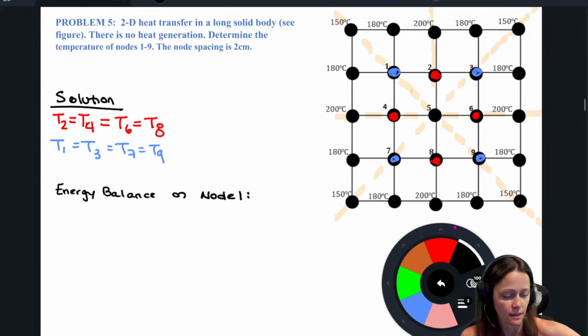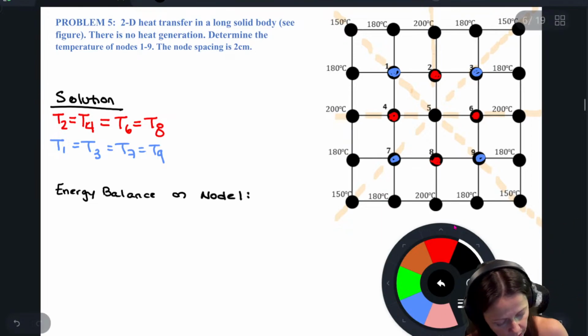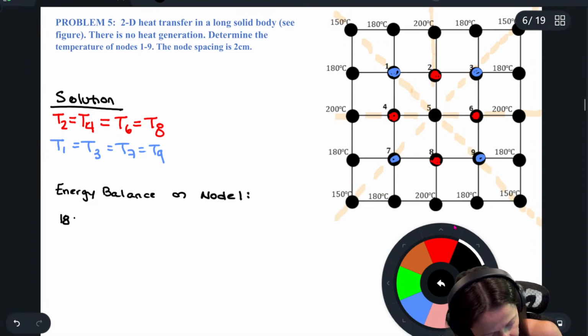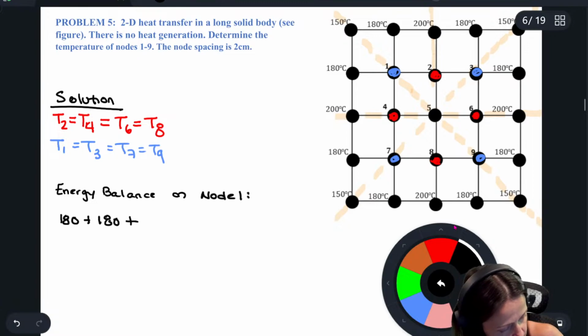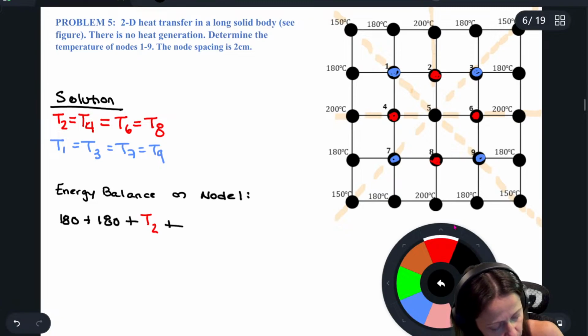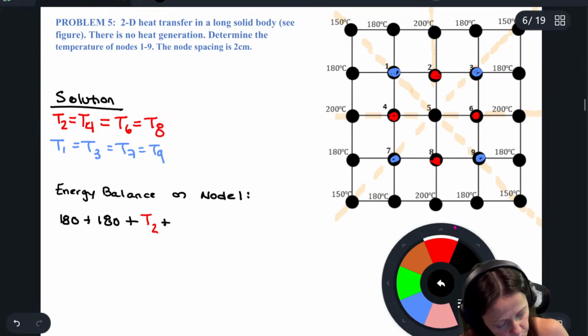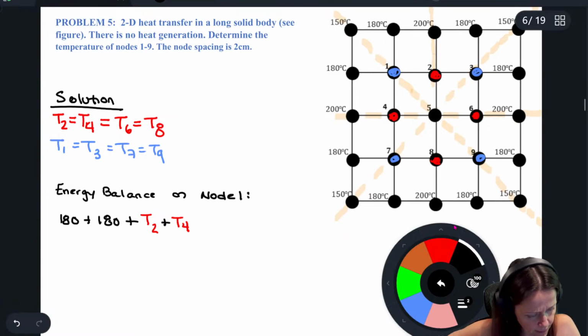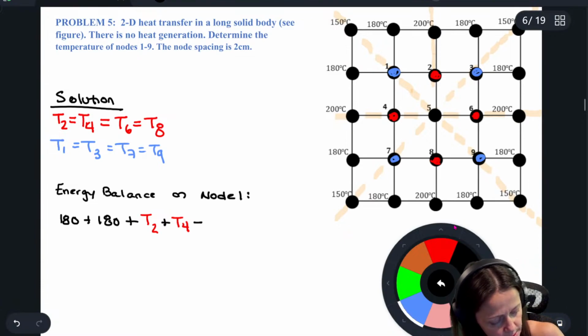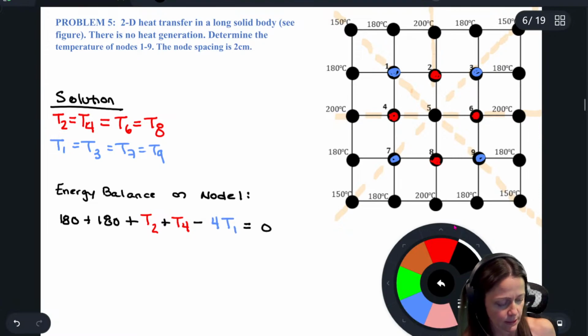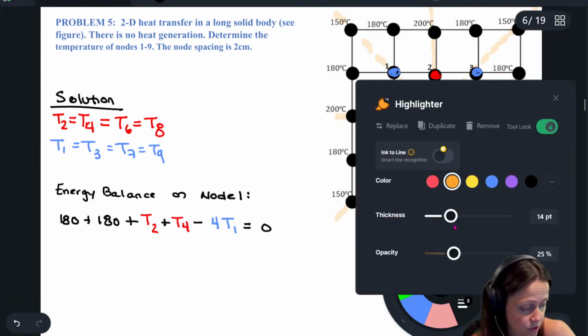So it's going to be the sum of the temperatures surrounding. So I have 180 degrees plus 180 degrees plus a T2 plus a T4, which, oops, those are the same. And then minus the 4T1. Okay. So there's one equation right there.